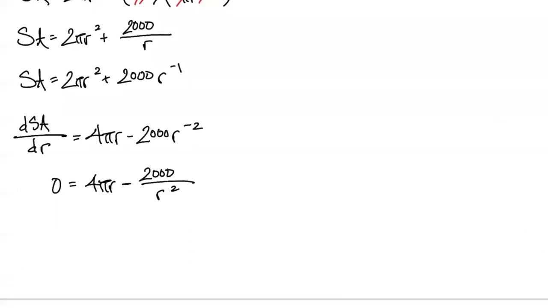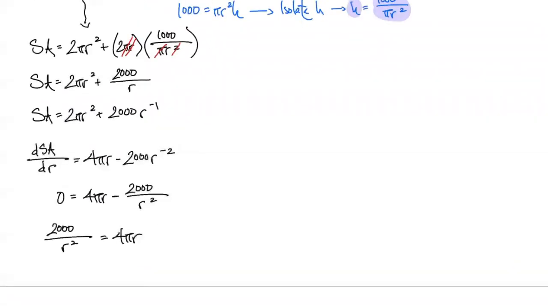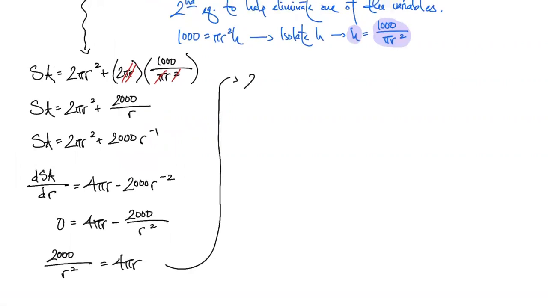So let's add. We added, and now I'm going to multiply by r squared. So I get 2000 equals 4 pi r cubed. I'm going to divide by 4 pi.